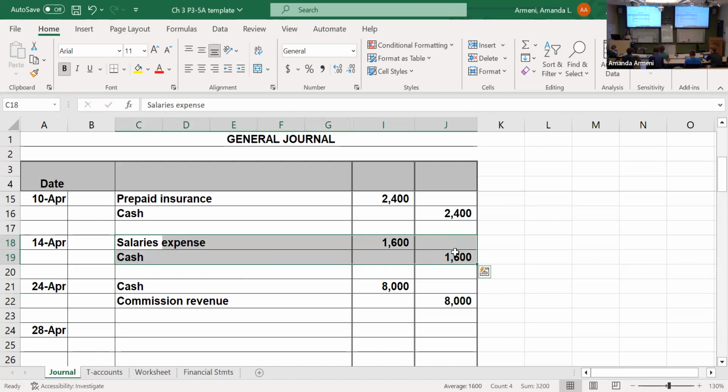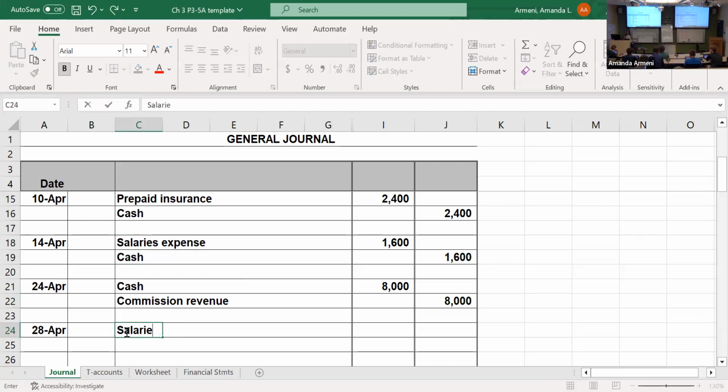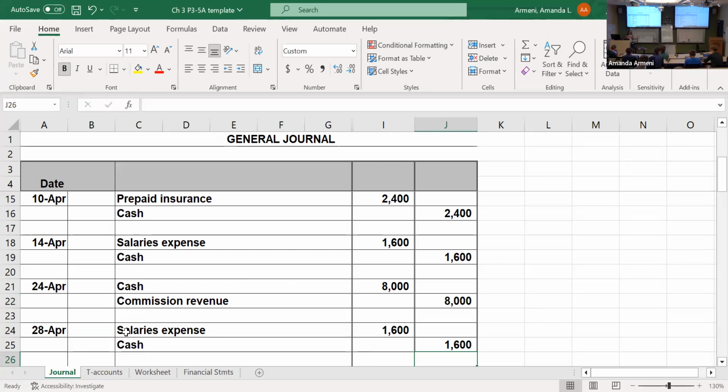Same thing happened. Don't reinvent the wheel, right? We're going to debit salaries expense. We're going to credit cash again for the $1,600 that the employees have earned. That's an expense for our business, right? As those people work, we incur the expense of their salaries. Any questions on April 28th?